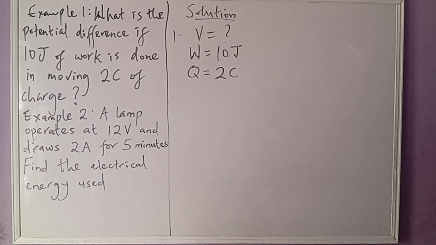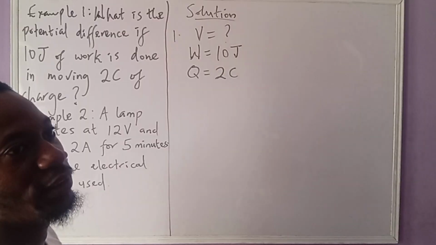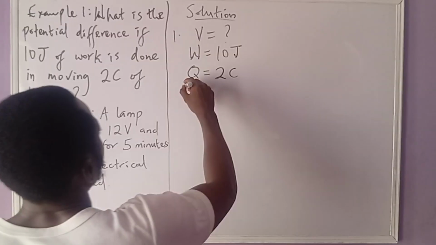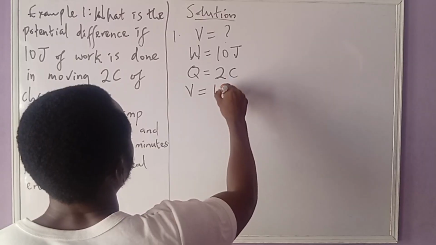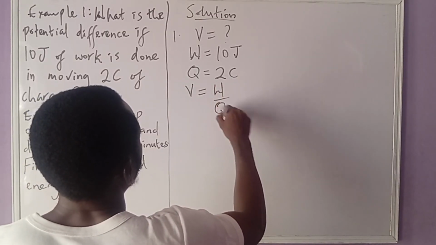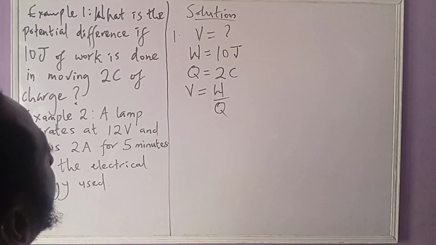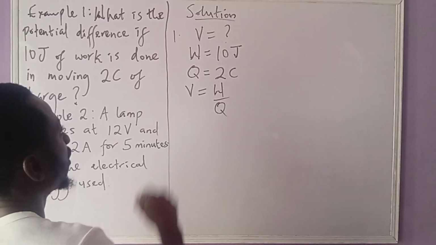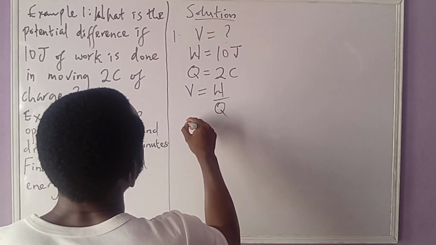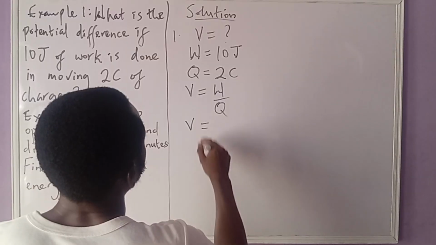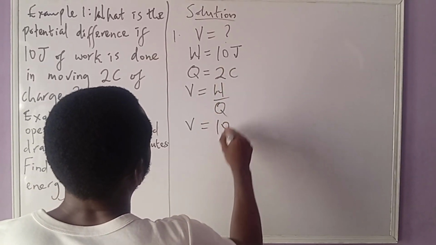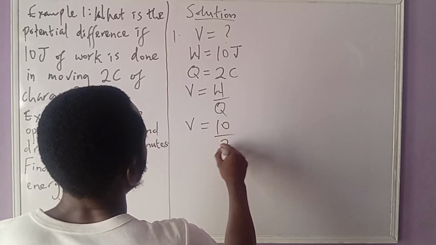If our charge is 2 coulombs, definitely from the definition, potential difference is the work done in moving a positive charge from one point to another in an electric field. Definitely we have this formula. So just substitute directly. When you have W, write 10. When you have Q, write 2.